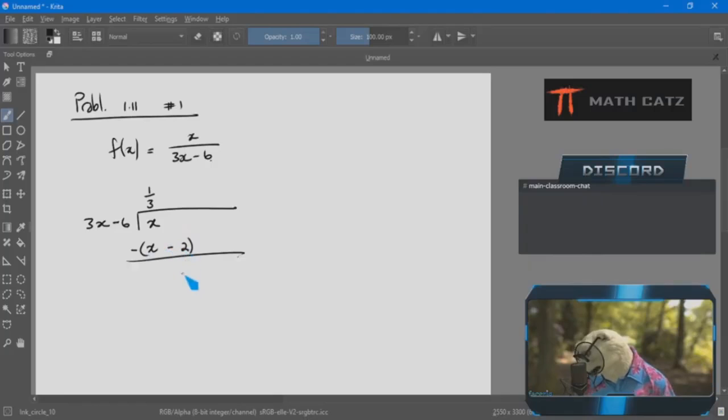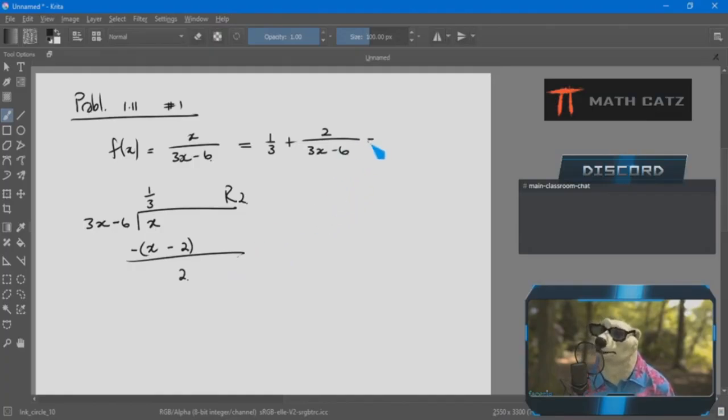Nothing plus 2 is 2. I cannot divide 3x into 2. The 2 has a smaller degree than x. So that is my remainder. So that means that this can be written as 1/3 plus 2 over 3x minus 6. Just like I would do long division with just numbers.